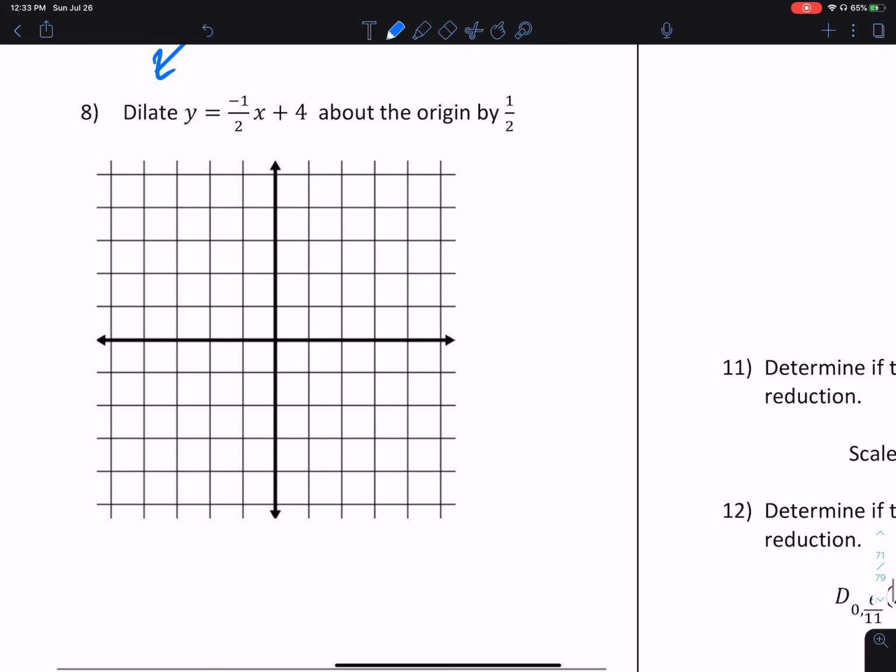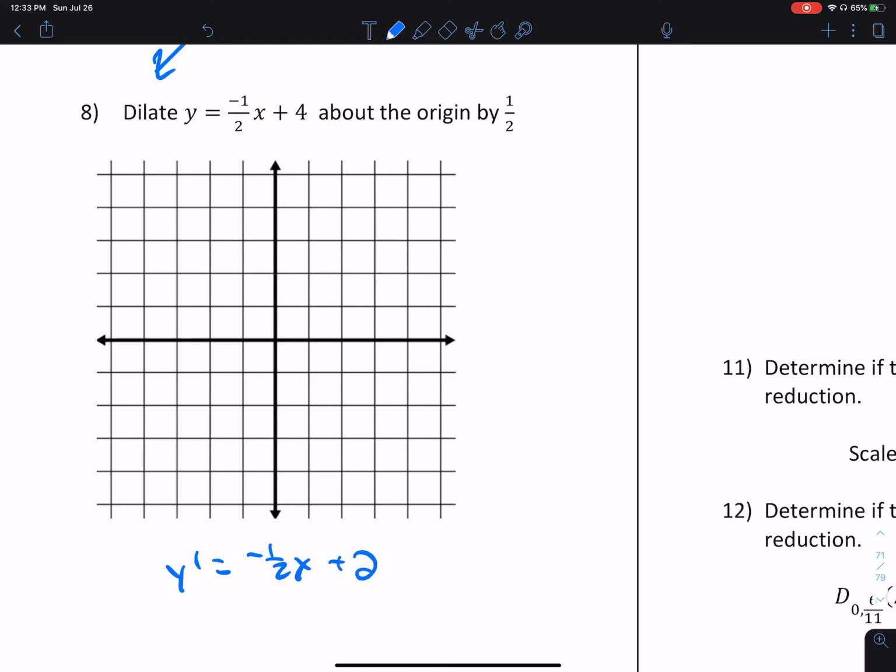Check out number 8. Dilate y equals -1/2 x plus 4 about the origin by a half. Now, y prime, our new line, will always have the same slope as the original if it's a dilation. So it's -1/2 x. What's affected is the y-intercept. We're cutting that in half. What's half of 4?